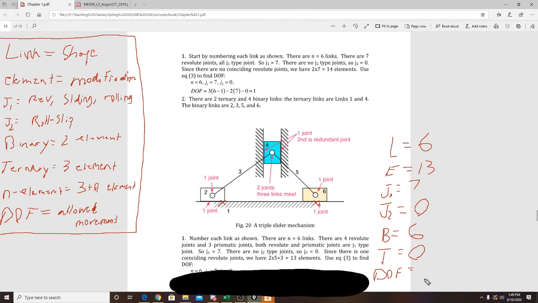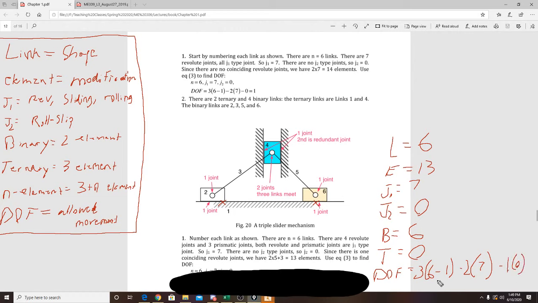And then degrees of freedom, did somebody do this equation? We have Sean that said degrees of freedom were 3. So this will be, what? So 6 times, oh no, it's 3 times 6 minus 1, minus 2 times 7, right? Minus 1 times 0.